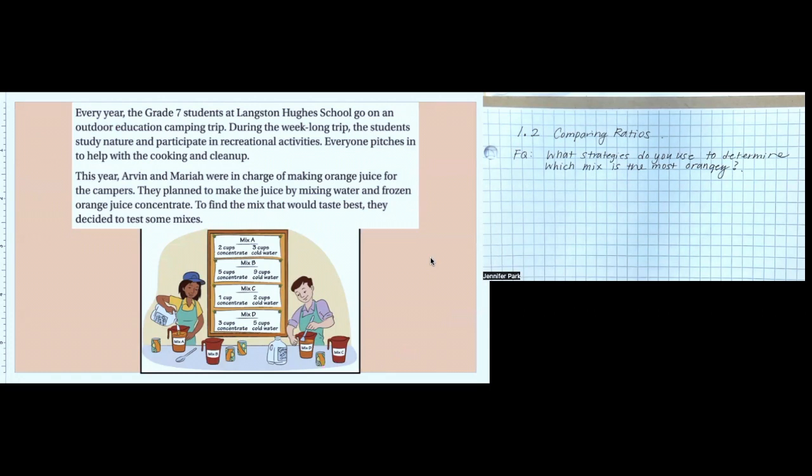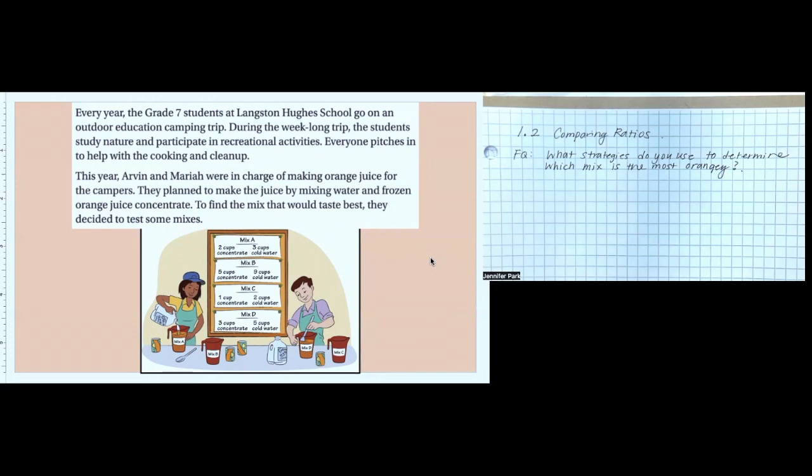So here's a little bit of context. It says, every year, the grade 7 students at Langston Hughes School go to an outdoor education camping trip. During the week-long trip, the students study nature and participate in recreational activities.